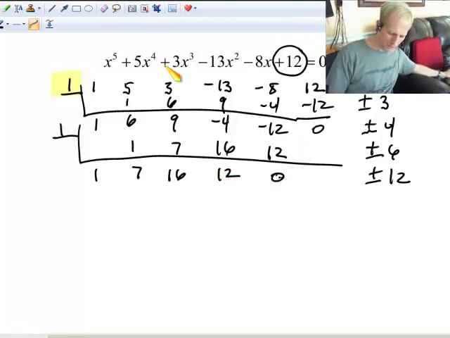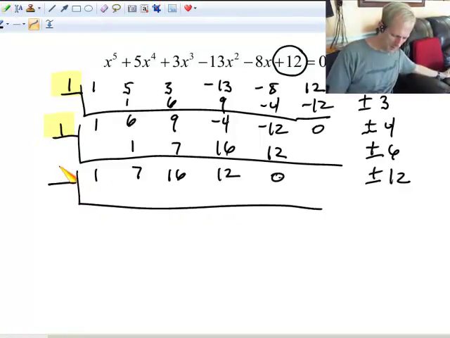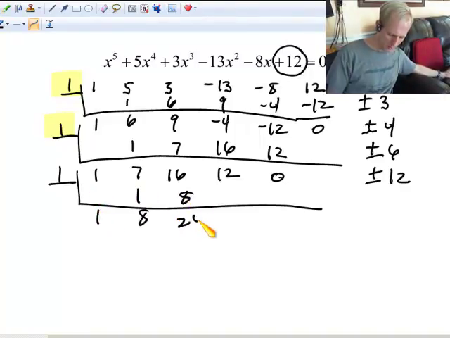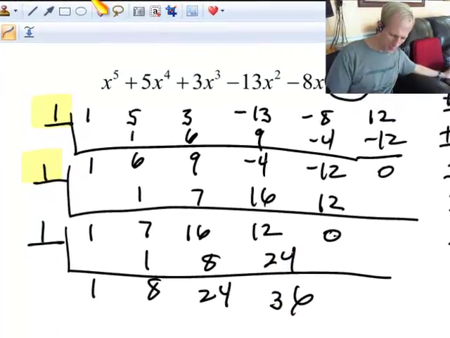I just got a remainder of 0. So that means 1 is a double root and occurs twice in the solution. So let me try it a third time, because you really should keep trying something until it no longer works. Alright, now I can see it's not going to work. So I need to move on.